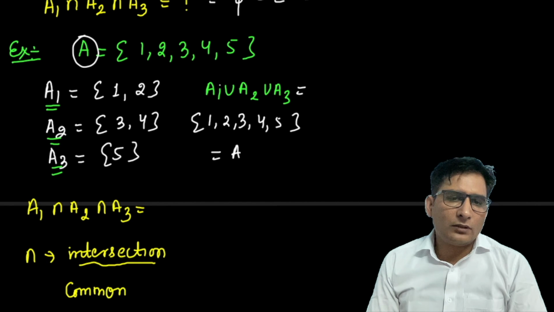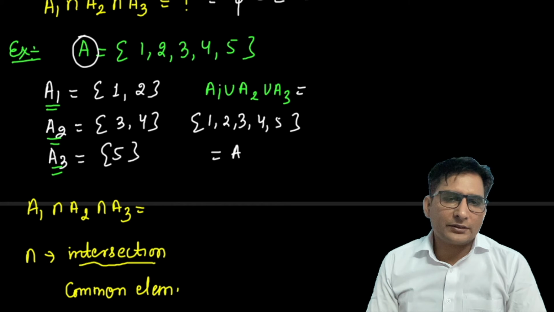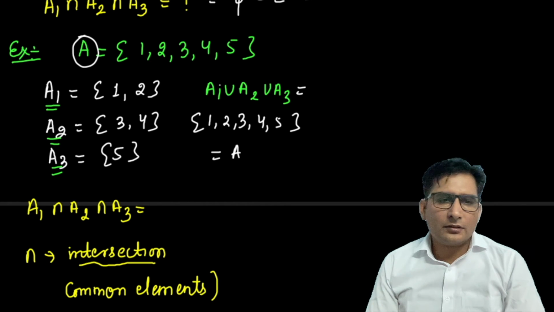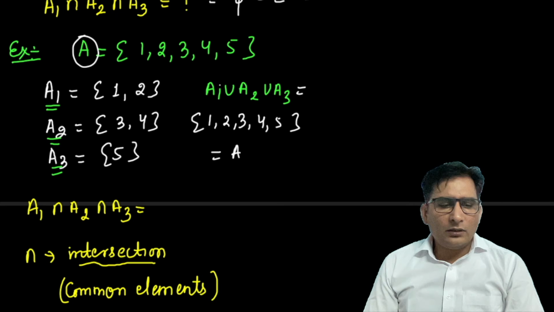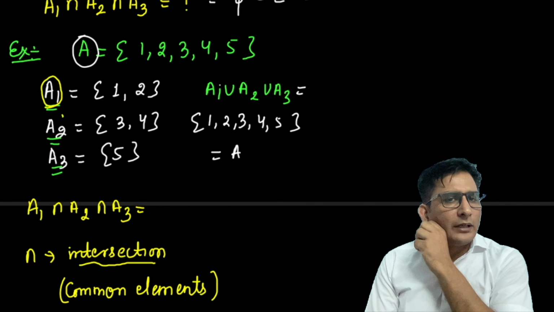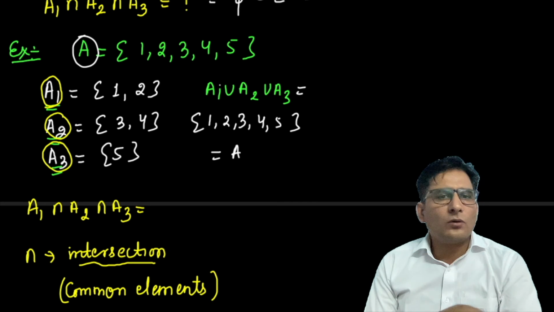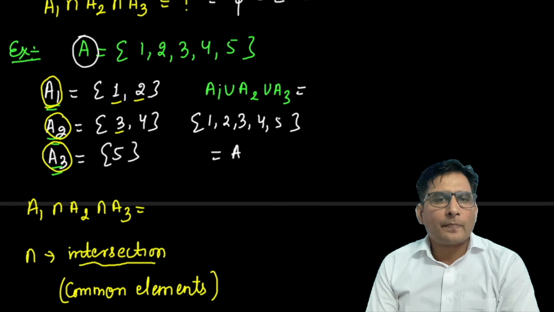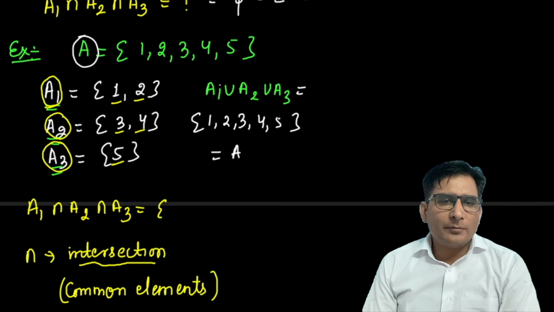So we need to find the common elements. Which elements are common in A1, A2 and A3? Nothing is common here. So if nothing is common, we make brackets and they remain empty brackets.